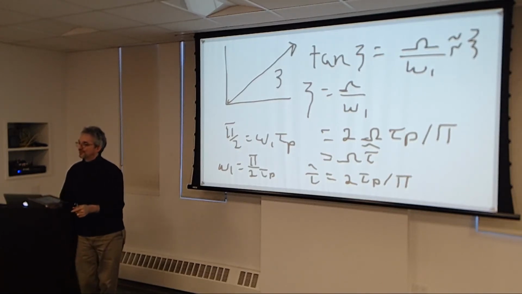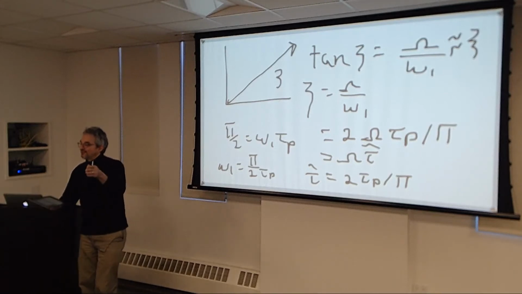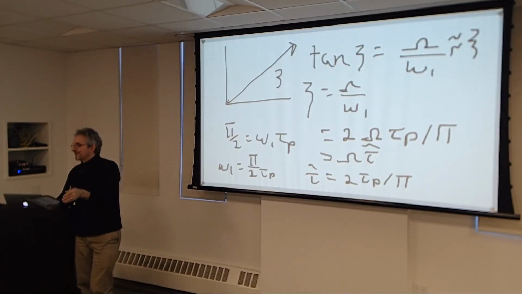So the physical off resonance pulse of length tau p can be replaced by a delay of length tau hat, an instantaneous rotation by the angle alpha, and then another little delay.